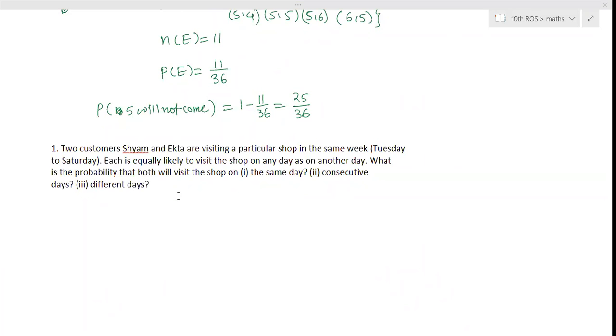So first, what are the outcomes, the possibilities? What are the possible outcomes?